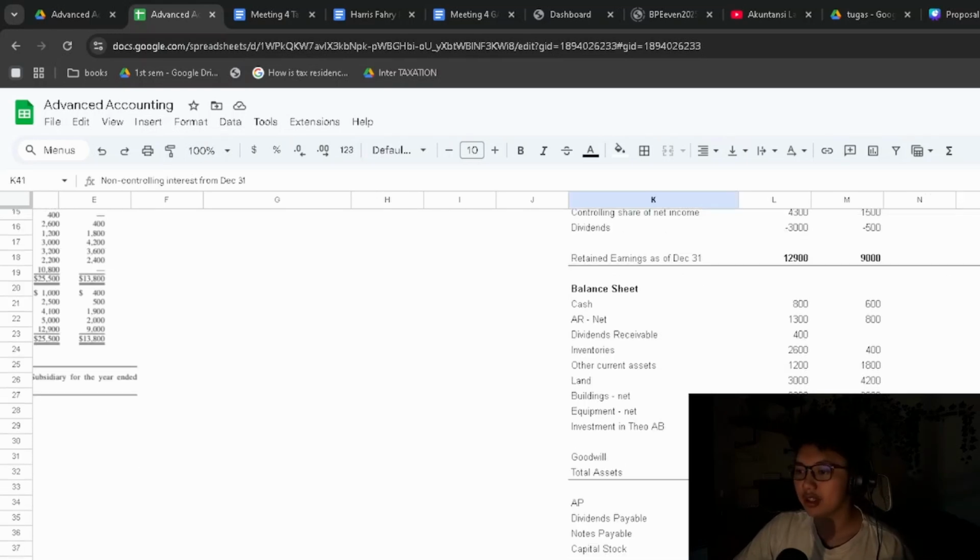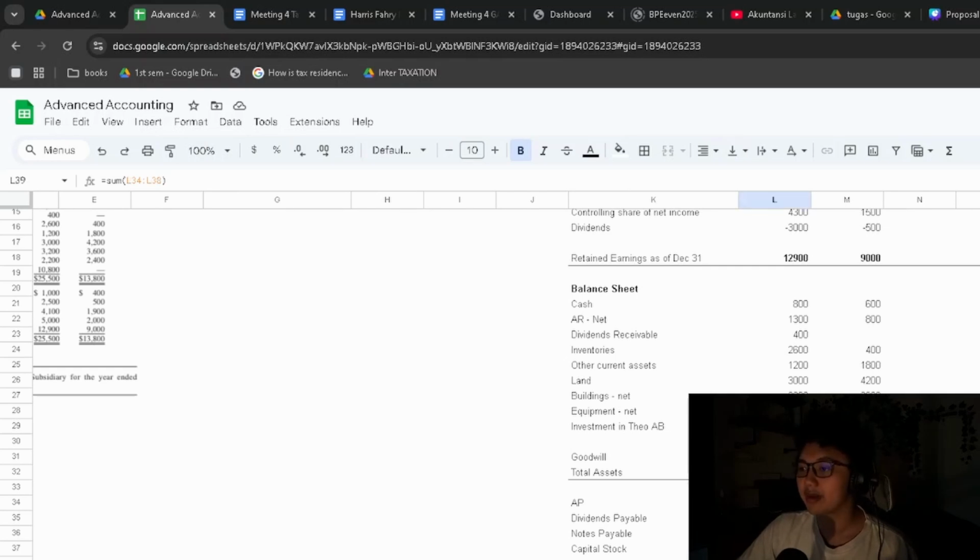And for that kind of situation, we adjust the non-controlling interest account, and in this case the adjustment is positive, so then we add that to 2700, and then we should get total liabilities and equities of this amount, which is equal to total assets, right?